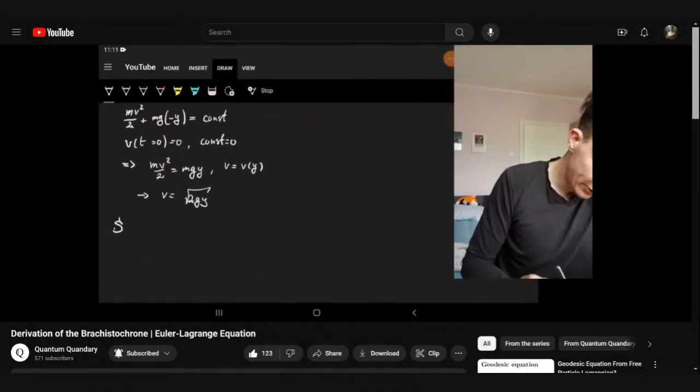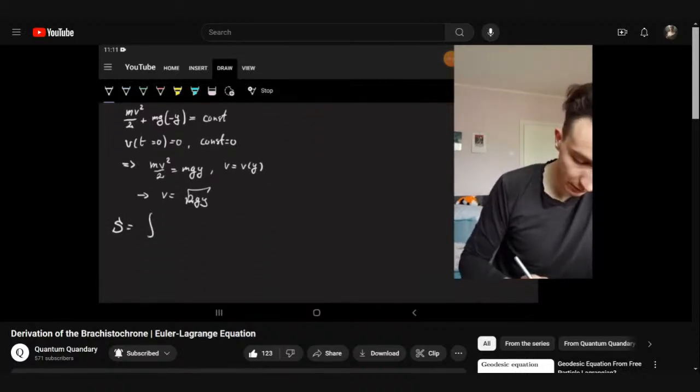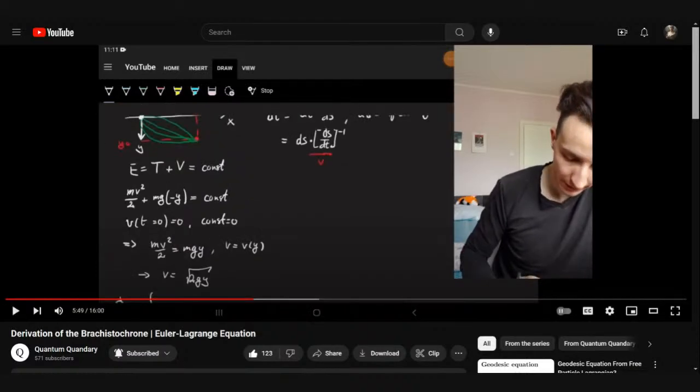And we have the action equal to the integral of... Yeah, you should show it as you're plugging it in. So it's ds times 1 over v, since ds dt is v, so it's ds over v.